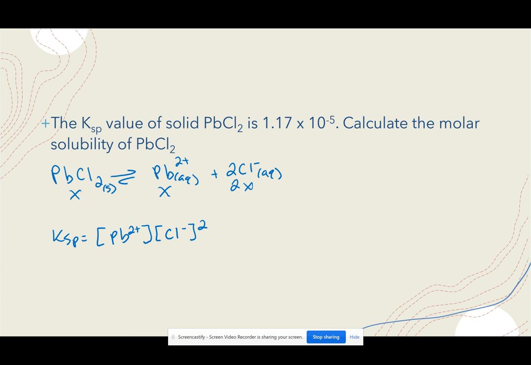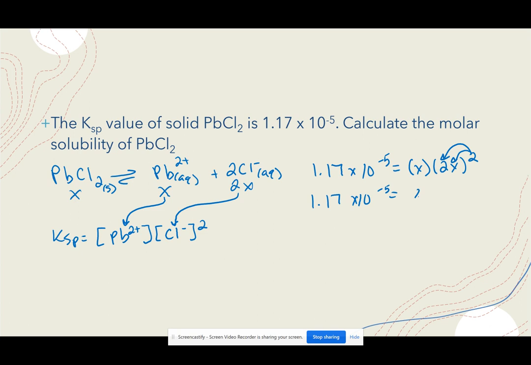So when I go to plug this in, 1.17 times 10 to the negative 5 equals, I'm just going to plug in X for lead. I'm going to plug in 2X for chloride. So I'm going to get X times 2X squared. Of course, that squared will distribute. So I'll end up with 1.17 times 10 to the negative 5 equals 4X cubed.